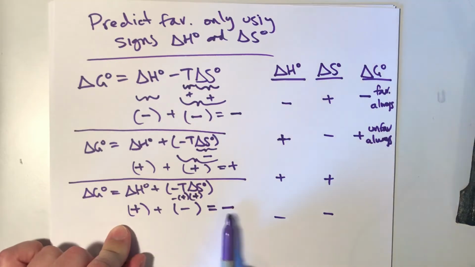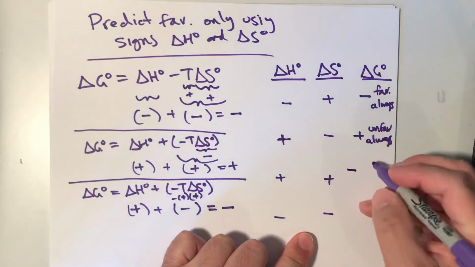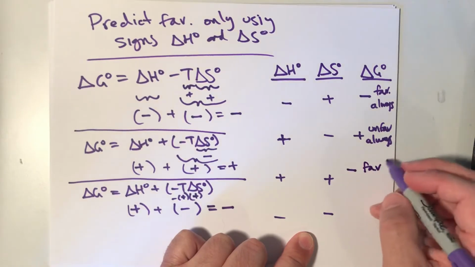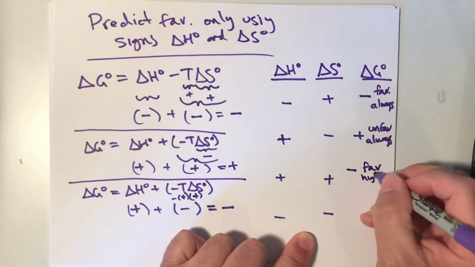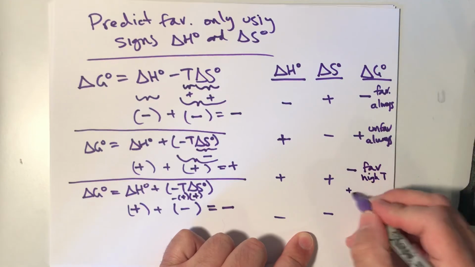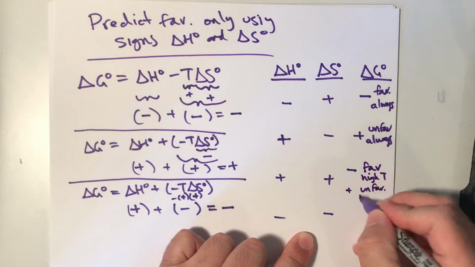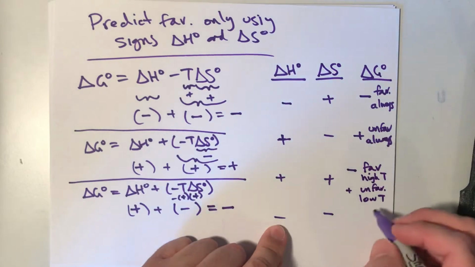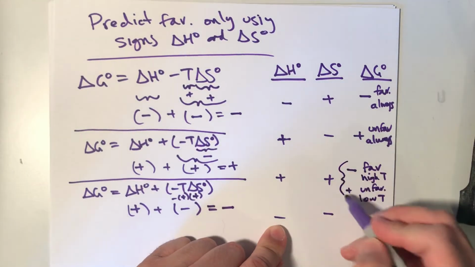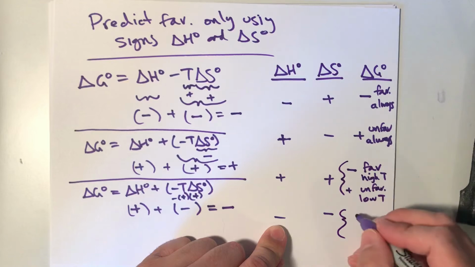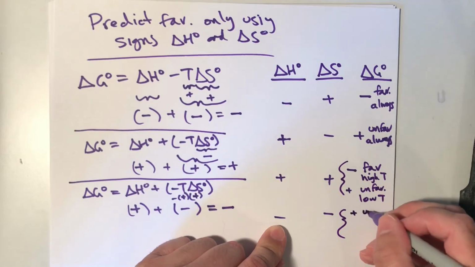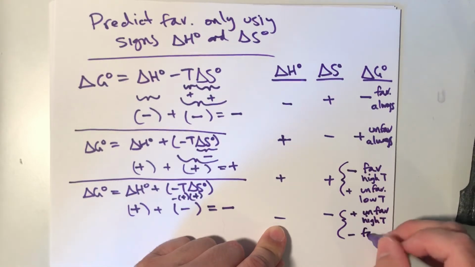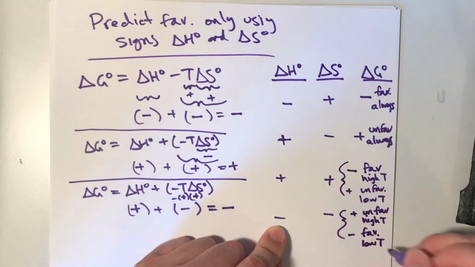So the delta G will be negative, making it favorable at high temperature, and positive, unfavorable, at low temperature. You can do the same analysis with negative, negative, and you get basically the same thing, except backwards. It's positive and unfavorable at high temperature, and negative and favorable at low temperatures.